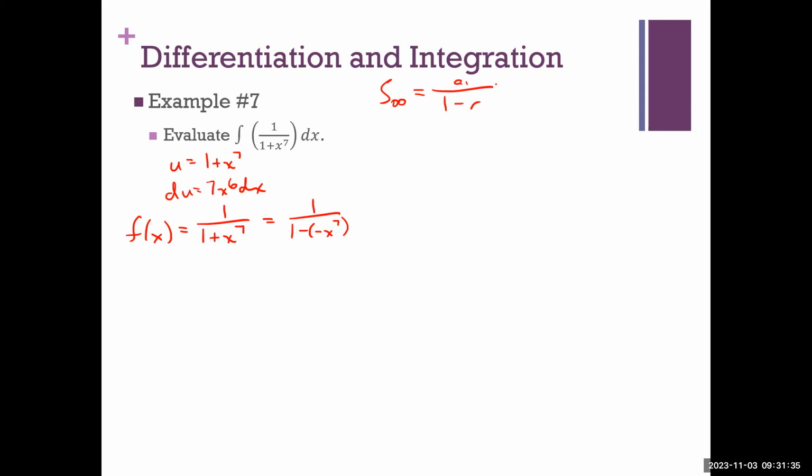So we see that this function can be manipulated to look like the sum of a geometric series, which means now we can write this thing that's not a polynomial as an infinitely long polynomial. So what's the first term of this? 1, second term? Negative x to the 7th, because what's the common ratio? Negative x to the 7th, so let's populate a few terms.